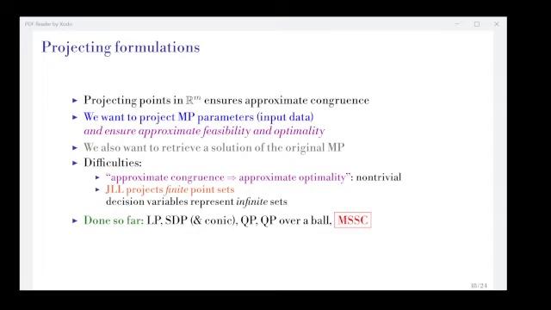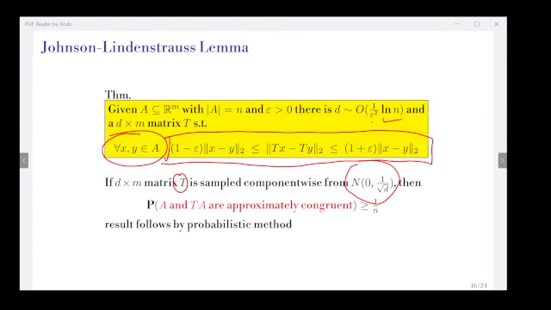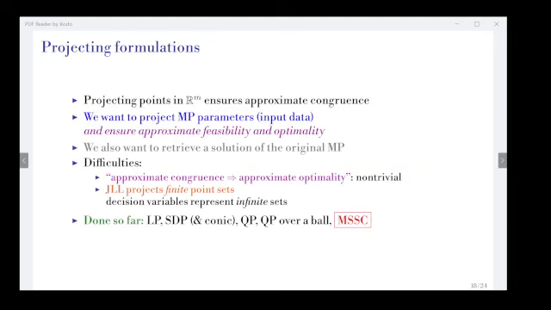So we want the decision variable domain to be projected as well, which poses some issues: if the domain of the variables is infinite, there's a problem, because here we're assuming that the matrix T works for finite sets. So this is one difficulty. The other difficulty is that approximate congruence and approximate optimality are two different things.